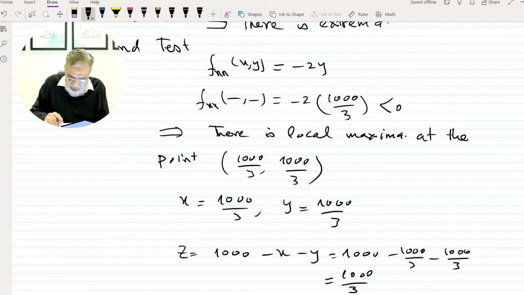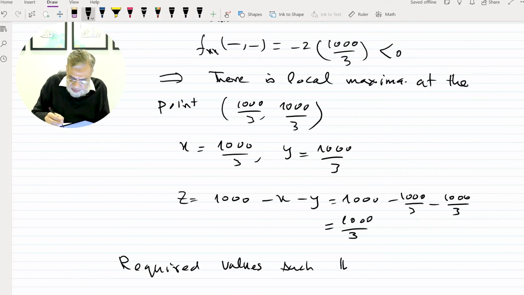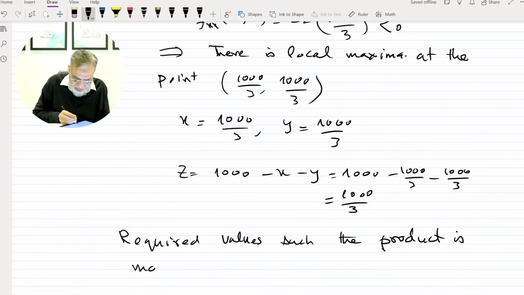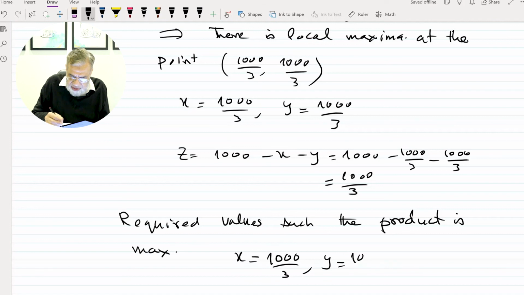So the required values such that the product is maximum are x equal to 1000 by 3, y equal to 1000 by 3, and z equal to 1000 by 3. This is the result of our function.